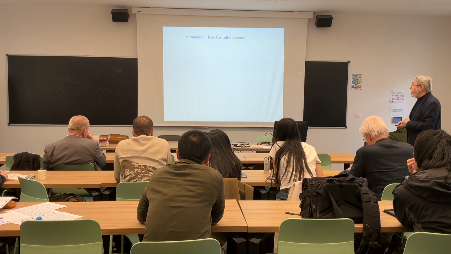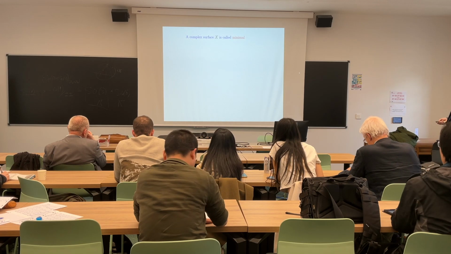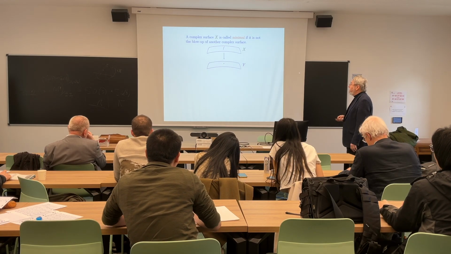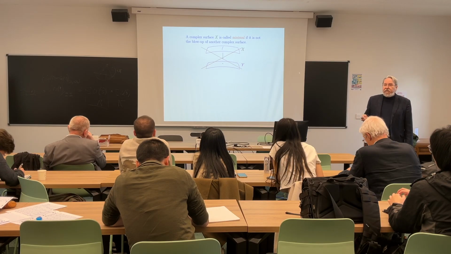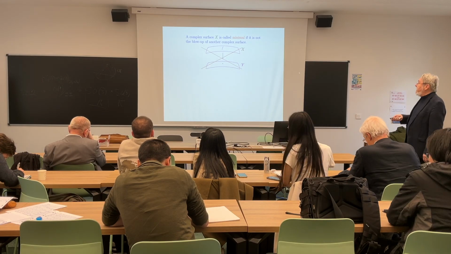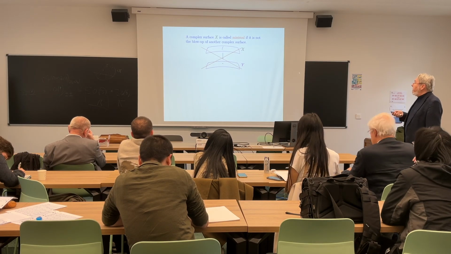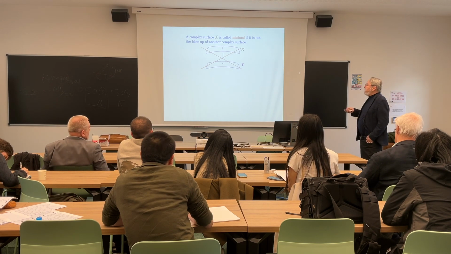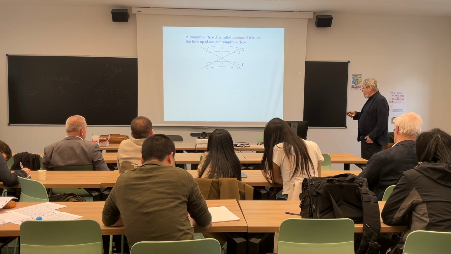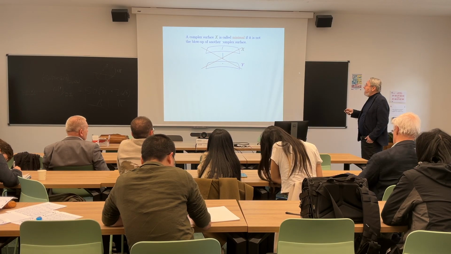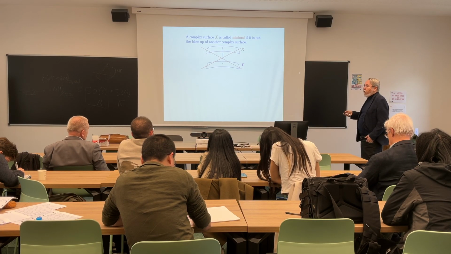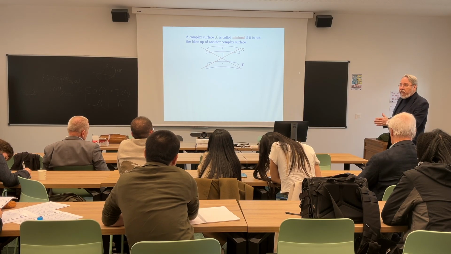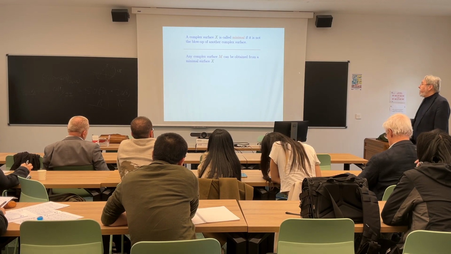All right, so a complex surface is called minimal if it is not the blow-up of another complex surface. If X does not occur as a blow-up, then it's said to be minimal. That turns out to be the same condition as saying that X does not contain a holomorphically embedded CP^1 whose self-intersection is -1, or equivalently, the Euler class of its normal bundle is -1.